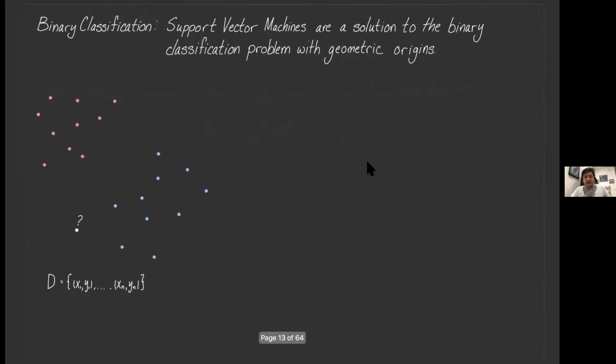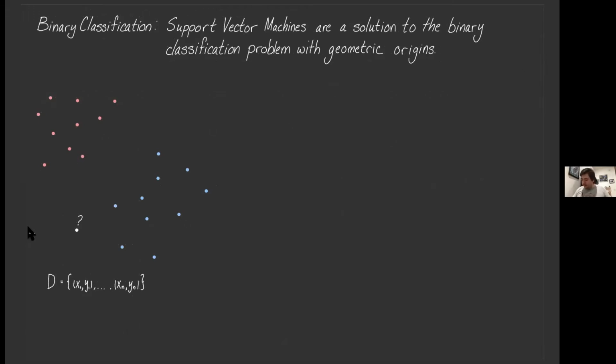So support vector machines, SVMs, are a solution to this binary classification problem with geometric origins. I drew this picture in a way that you would say, well, what is the dumbest thing I could do?